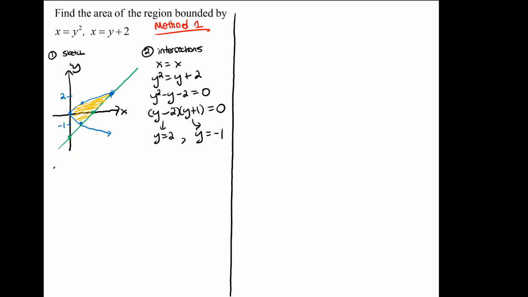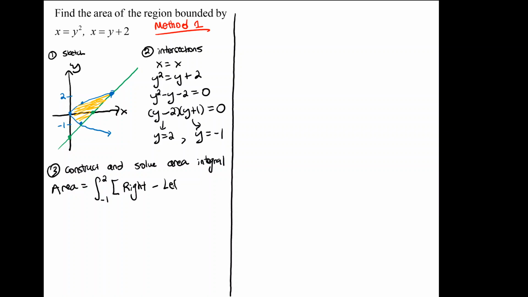So part 3, construct and solve the area integral. The area is the integral from the lower y value to the higher y value, from -1 to 2, of right minus left.